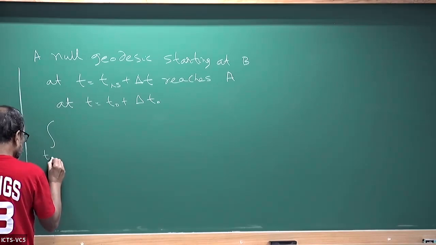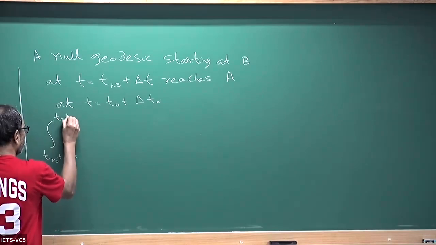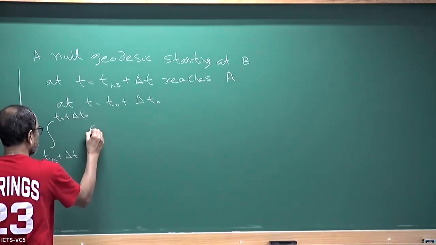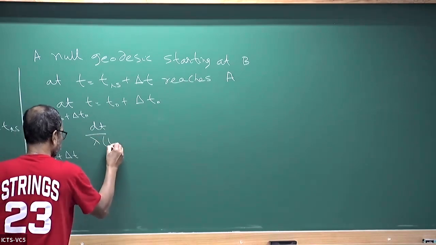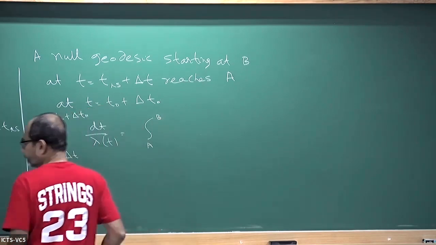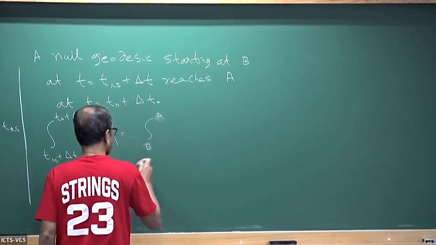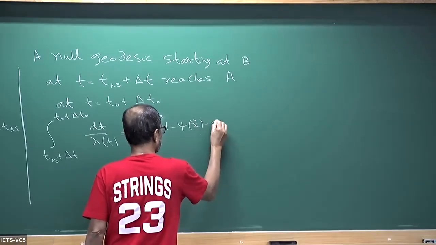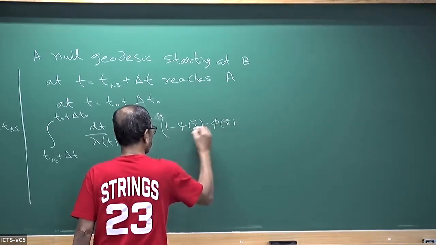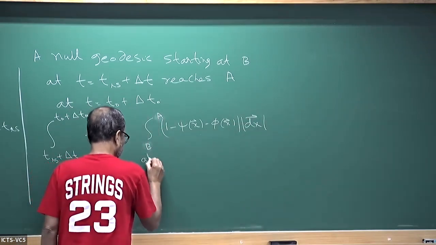So the integral from t_LS plus delta t to t naught plus delta t naught of dt over lambda t is the integral from A to B, or B to A, it doesn't really matter because I'm taking the modulus. So this is along the same path.